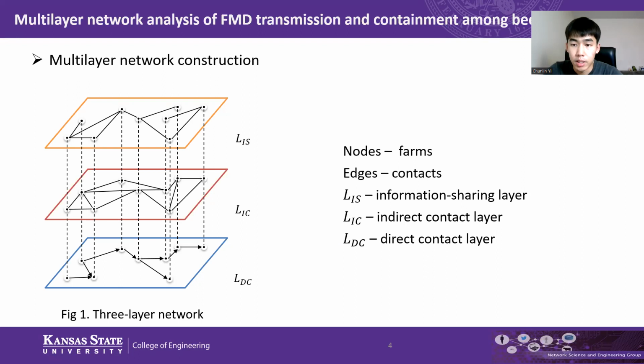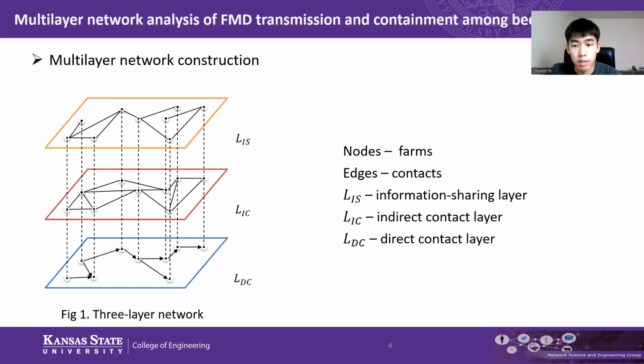The indirect contact layer models the truck sharing. The farms are connected in the indirect contact layer if they are visited by the same truck in the same week. The pathogens can transmit through these two layers at different rates.